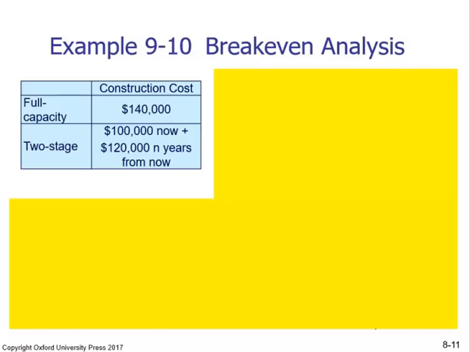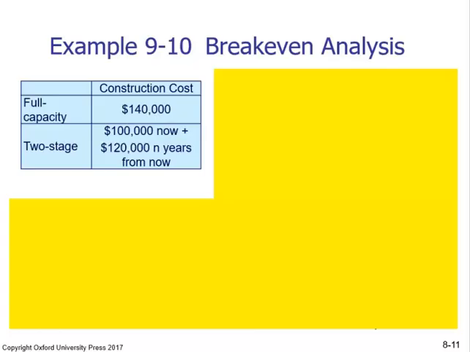I have a lovely starting example for you here. We have these two options, and consider that you are the financial manager and you want to give your analysis on this case. The CEO has given you this case, and it says that for a manufacturing facility that we want to make, we have two options now.